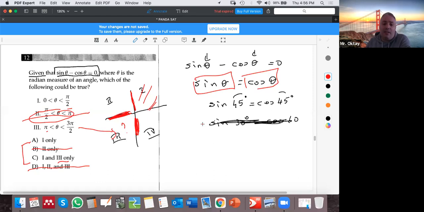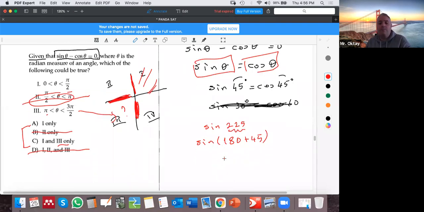Let's have a think together. Can it be anything here? What do you think? 225, for example. What is sine of 225? Can I say that this is sine of 180 plus 45? Yes or no? Is it possible to write 225?